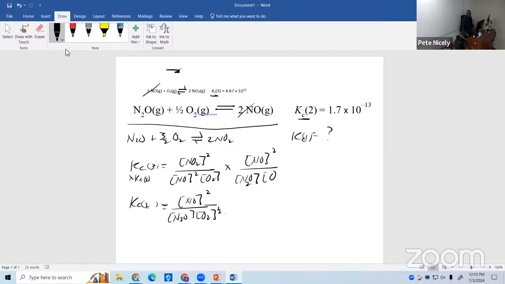Let me erase this here. So when I'm multiplying KC3 by KC2, I'm multiplying this by this: the concentration of NO squared divided by the concentration of N2O times the concentration of O2 to the half.